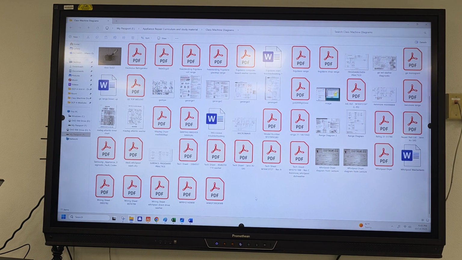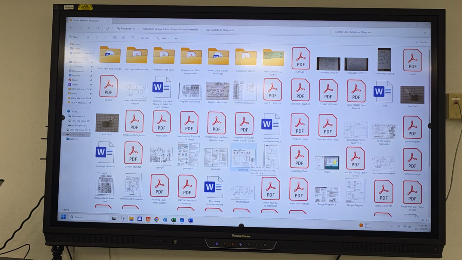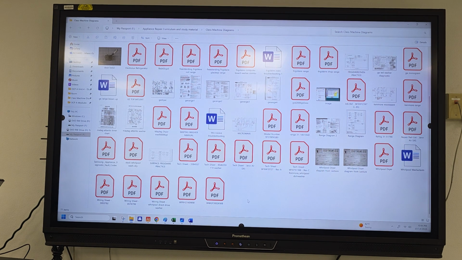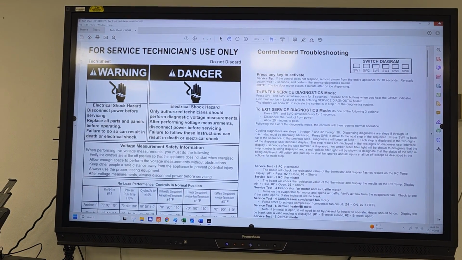So let's take a look at... Let me see here. I'm just trying to find it. I had all these diagrams open and I must have closed it by mistake. I had a laundry center here. I think it was this one. Let me see. Is this it? Nope. Sorry, guys.